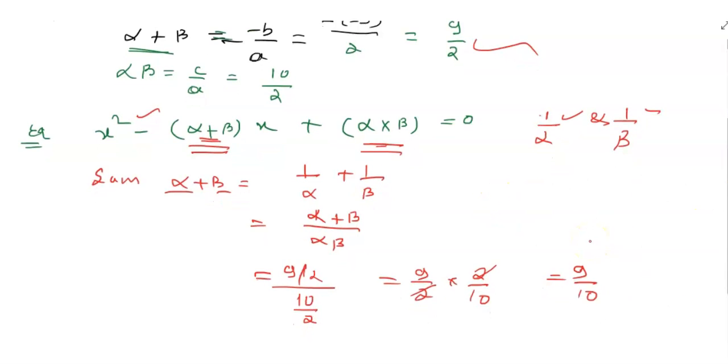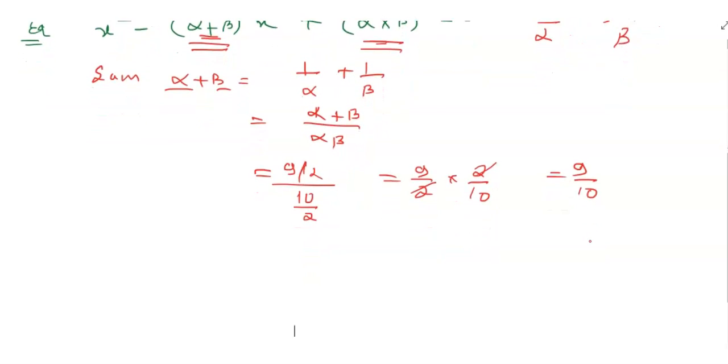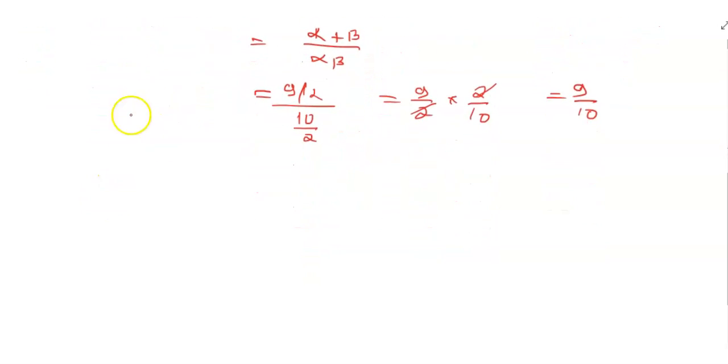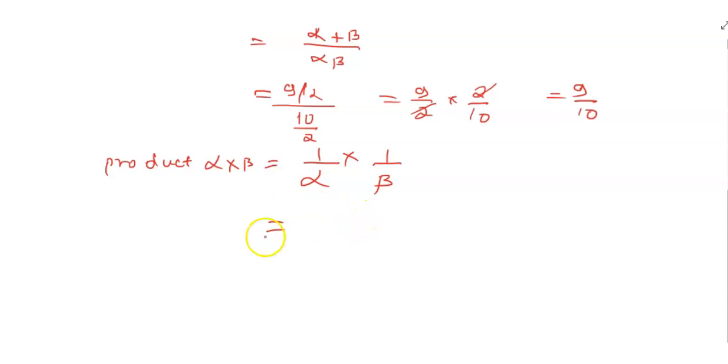In the same manner, let us calculate product of zeros. That is 1 by alpha into 1 by beta. These are my zeros. What can it be?